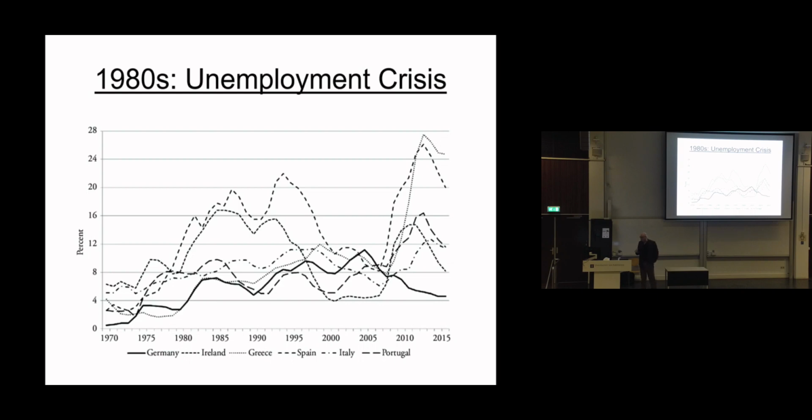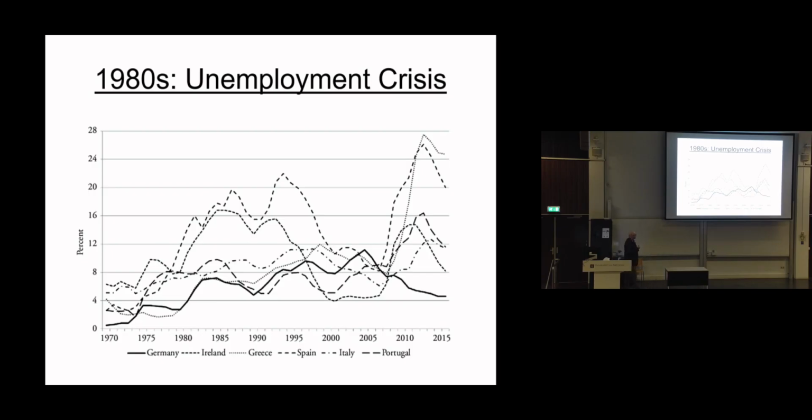We have an unemployment crisis in the United States and in Europe. And we can see that here, different unemployment rates for different countries. And we can see that it goes up. Here, after 1980, it goes up. And it stays high at a level somewhere between 8, 10, or 12% for countries like Spain.